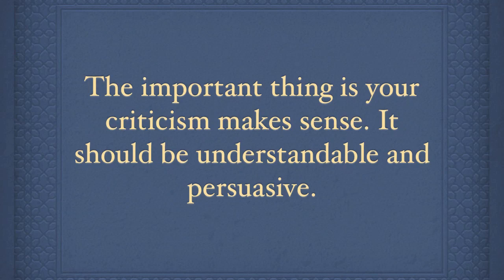You should try to make your criticism easy to understand, really clear, and persuasive. And you don't have to worry about any sort of formal thing. You don't have to worry about naming your criticisms. I was just using that as a way to organize things and to give you a taste of different types of criticism.